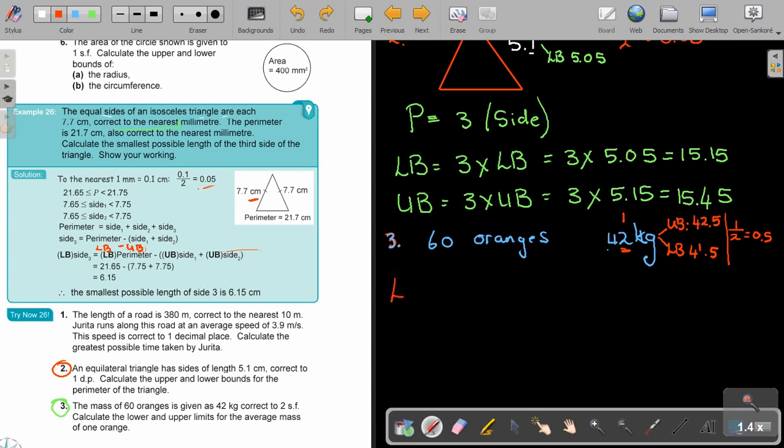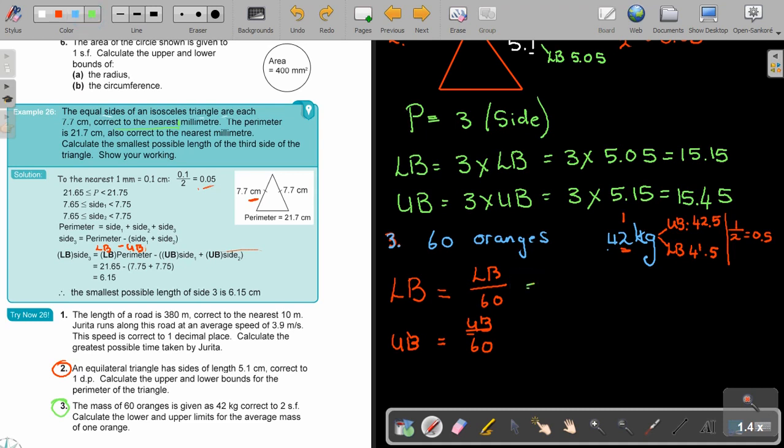So to find the lower bound, it's just the lower bound divided by the number of oranges, 60. And if I want the upper bound, I take the upper bound and divide by 60.